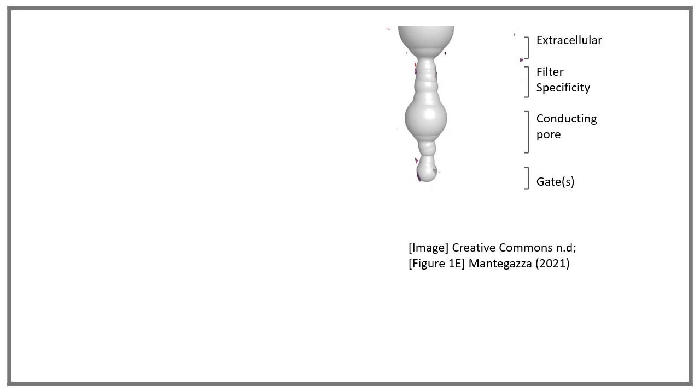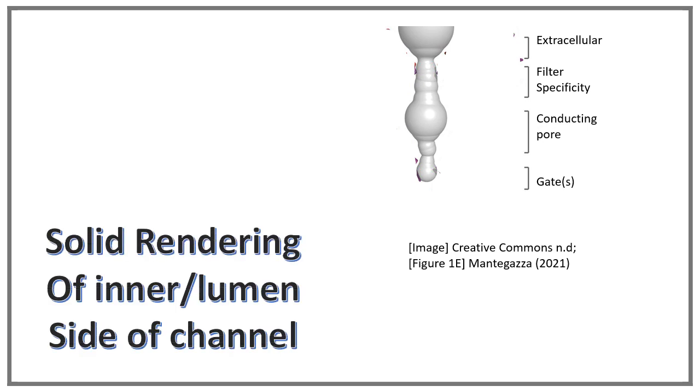Right. Let's look at a representation of the pore, which is neither just a funnel nor a cylinder. It's going to have an extracellular portion, which would most certainly be a wide diameter. Then there'll be a filtering portion that, for example, would allow only sodium through it.